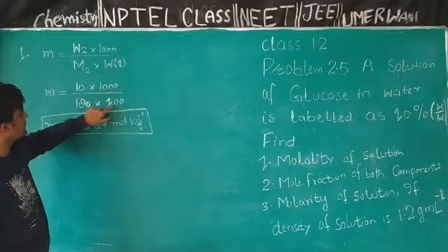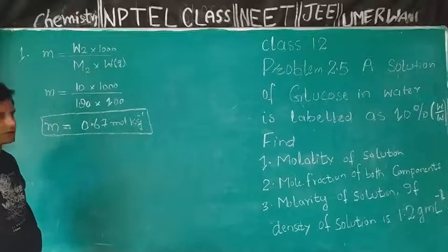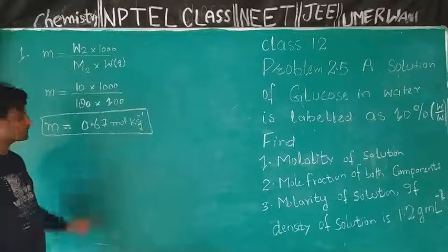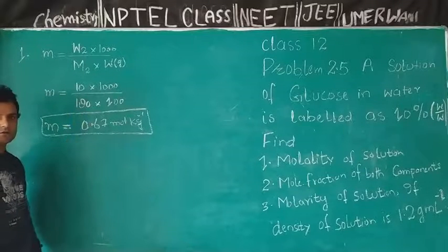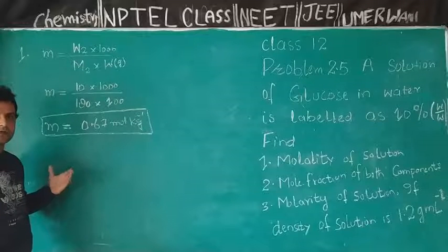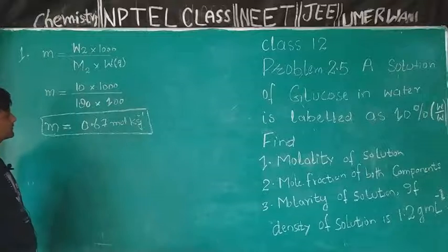So weight of solvent will be 100 minus 10, which is 90 gram. And molar mass of glucose C6H12O6 is 180, which you can calculate by adding atomic mass of 6 carbon, 12 hydrogen and 6 oxygens.